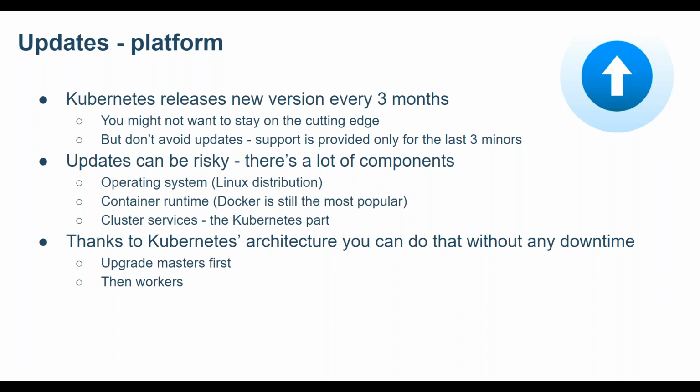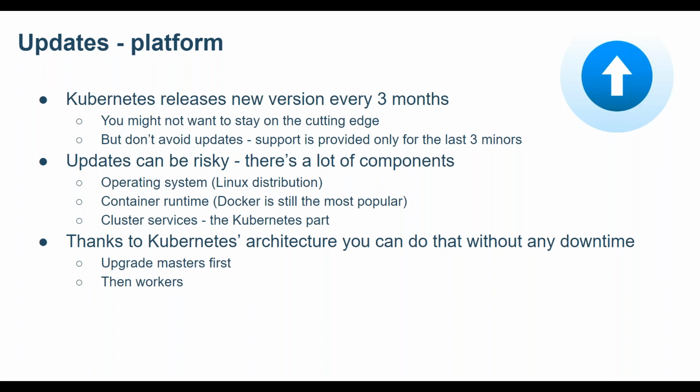There's a minor release every 3 months, and that's scheduled. You can expect a new Kubernetes version every 3 months, which means you should also aim for updating your platform every 3 months, which is a really crazy pace. You want to focus on your application, right, and not on your platform. So yeah, that's how Kubernetes works.